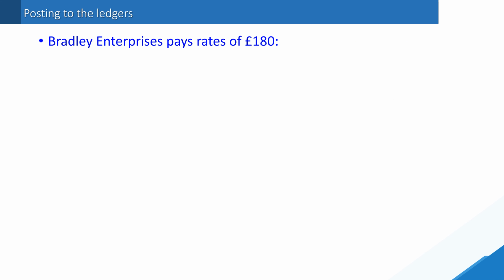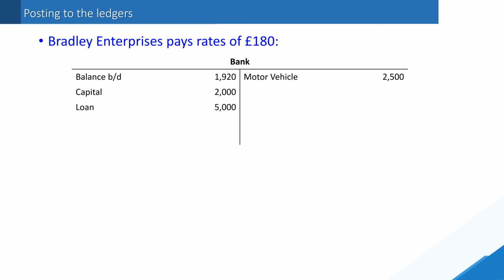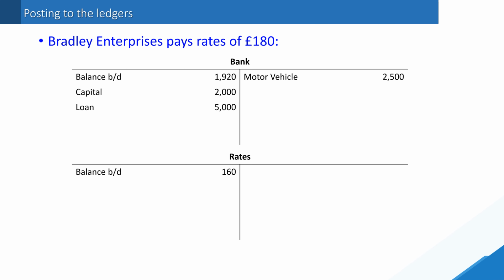Our final transaction to deal with is the payment of rates of £180. This will involve the bank account, and therefore we will need a bank account and a rates account. The bank account is quite busy with the balance brought down and the other transactions that were previously discussed.